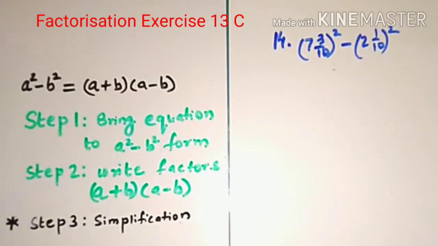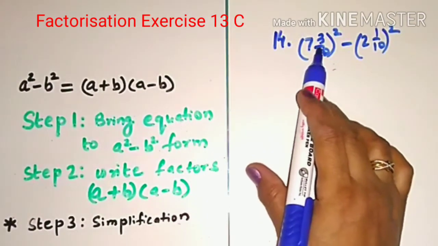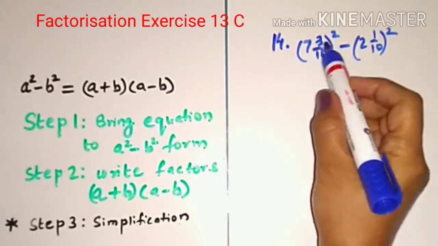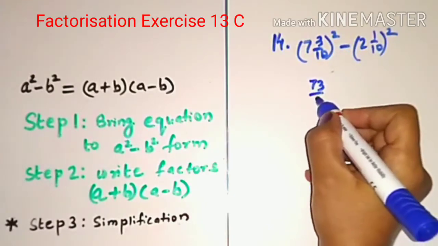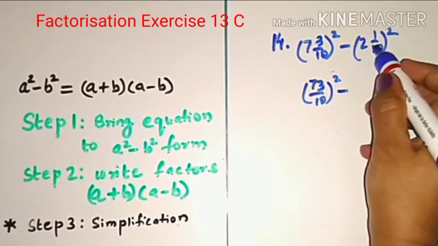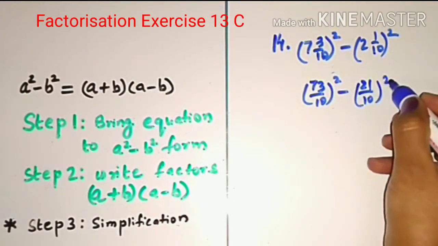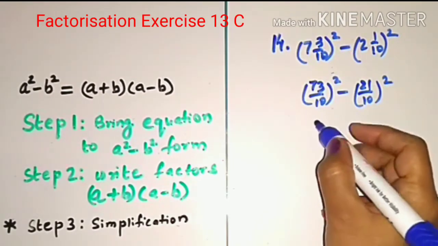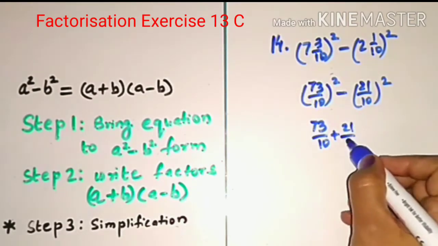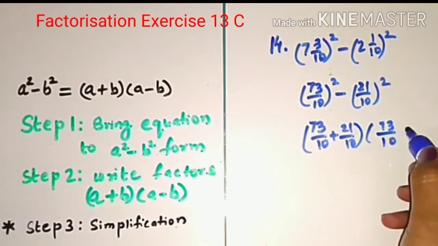14th sum is similar to 13th one. We will convert this mixed fraction into improper fraction. So this will become 7 10s are 70 plus 3, that is 73 by 10 square, minus 2 10s are 20 plus 1, 21 by 10 square. Now we have a square minus b square. We will write factors a plus b and a minus b.